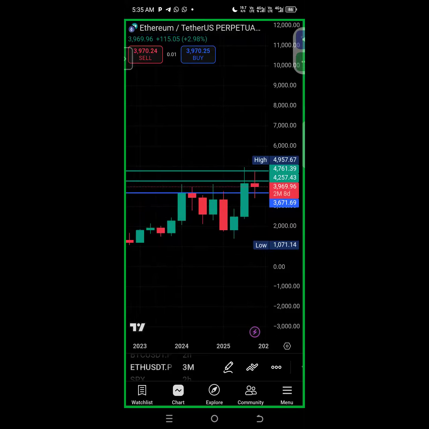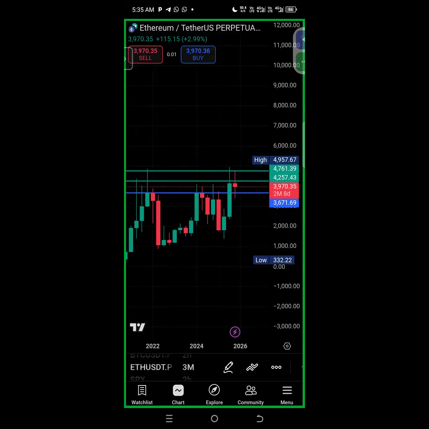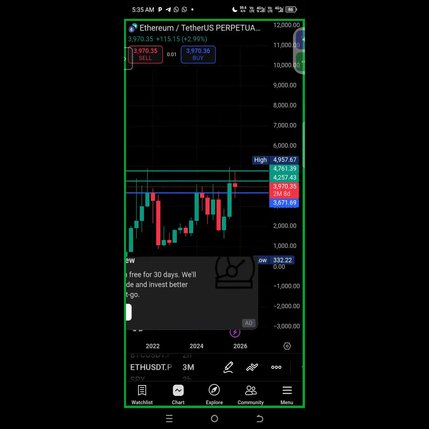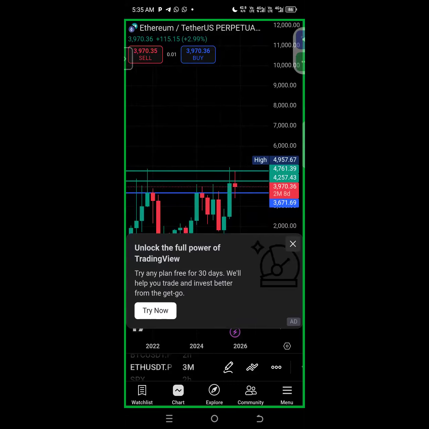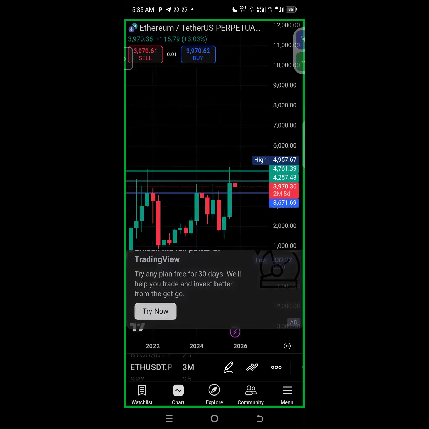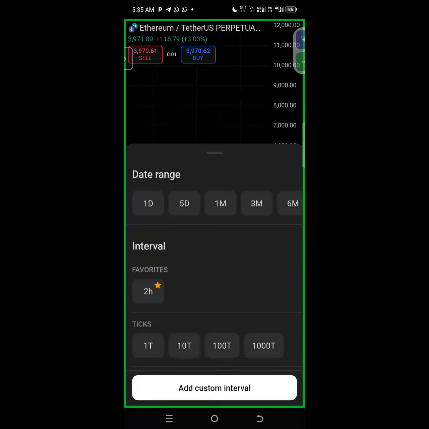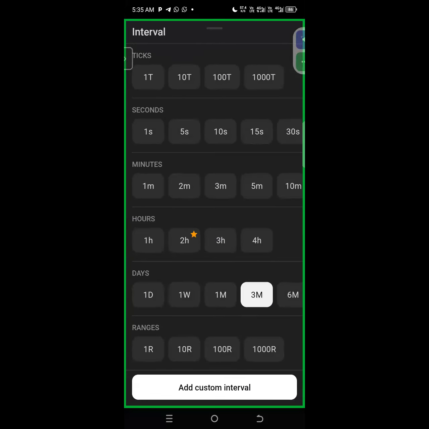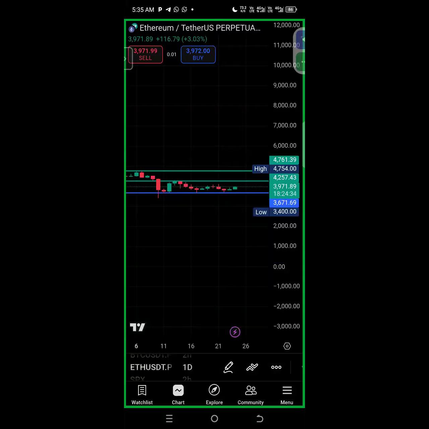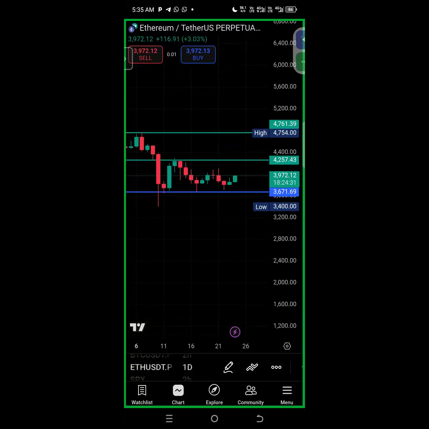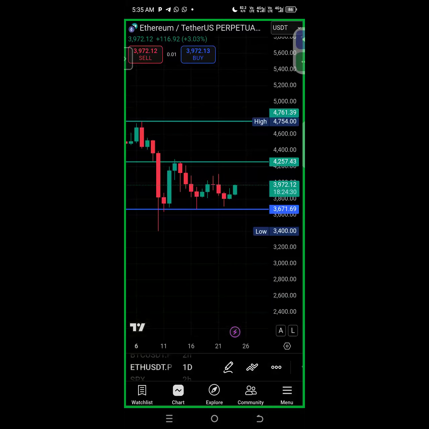If it has repeated itself consistently, we could say there is a probability that something can happen again. So I've gone too far using the 3 month time frame. Let's use a daily time frame. Now you could clearly see that on the daily time frame too, it also respected the same support and resistance.